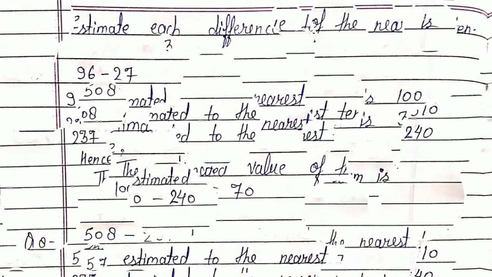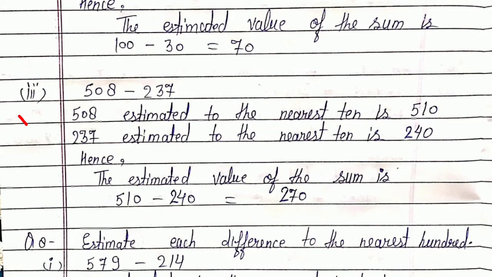Now let us see the next part. Part number 3. 508 minus 237. 508 estimated to the nearest 10 is 510 because 8 is greater than 5, and 237 estimated to the nearest 10 is 240.